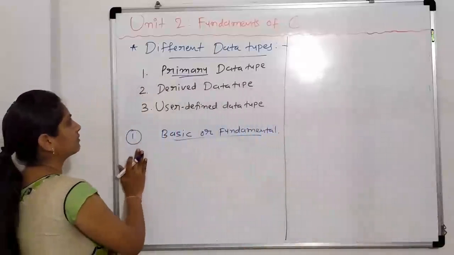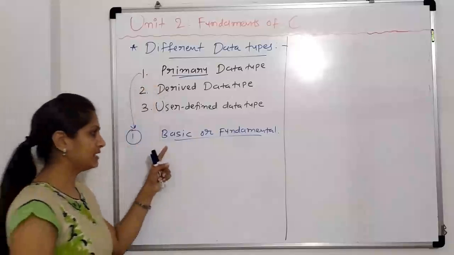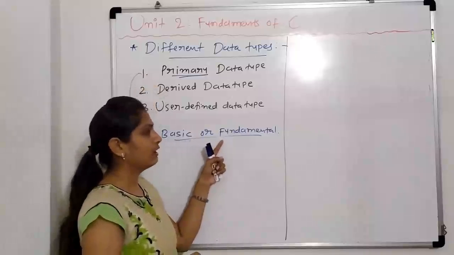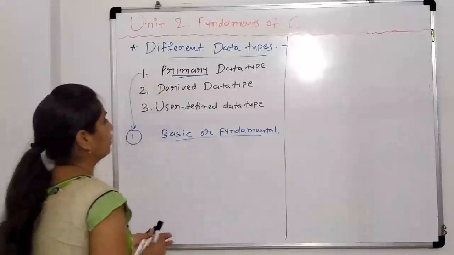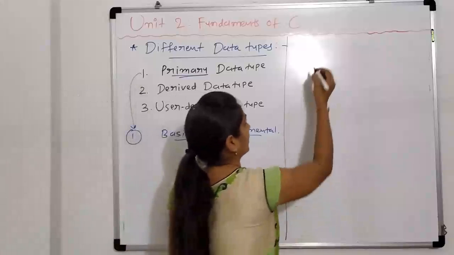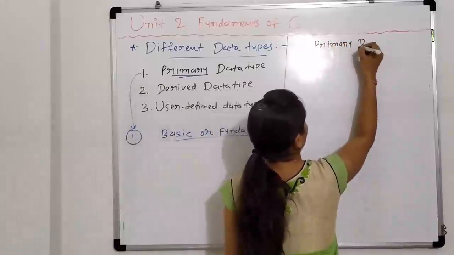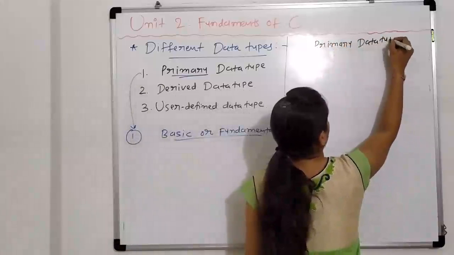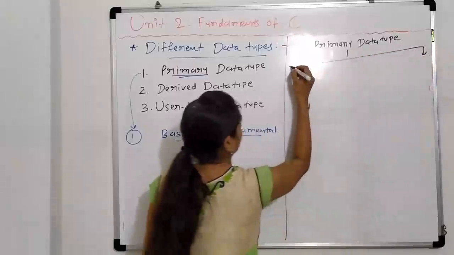We are discussing the first, primary data type, or we can say basic data type or fundamental data type. Now, this data type is divided into 4 categories.